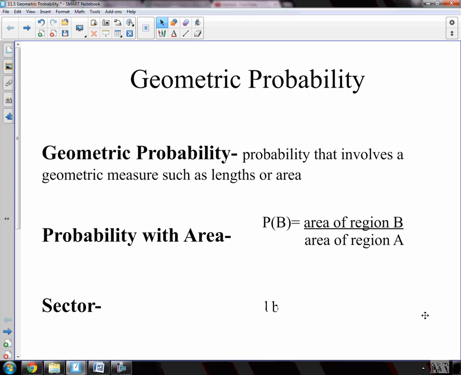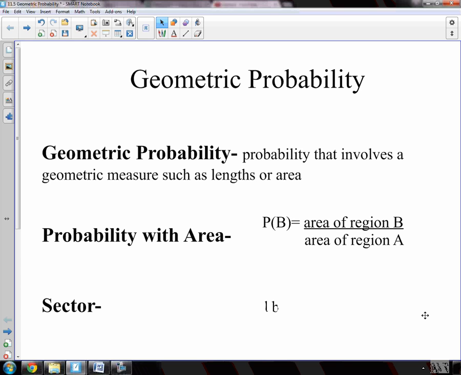So you'll find the area of typically the smaller shape, subtract it from the larger shape, and that is going to give you region B, and you'll divide it by the whole shape again. And we're going to have a couple problems about that.